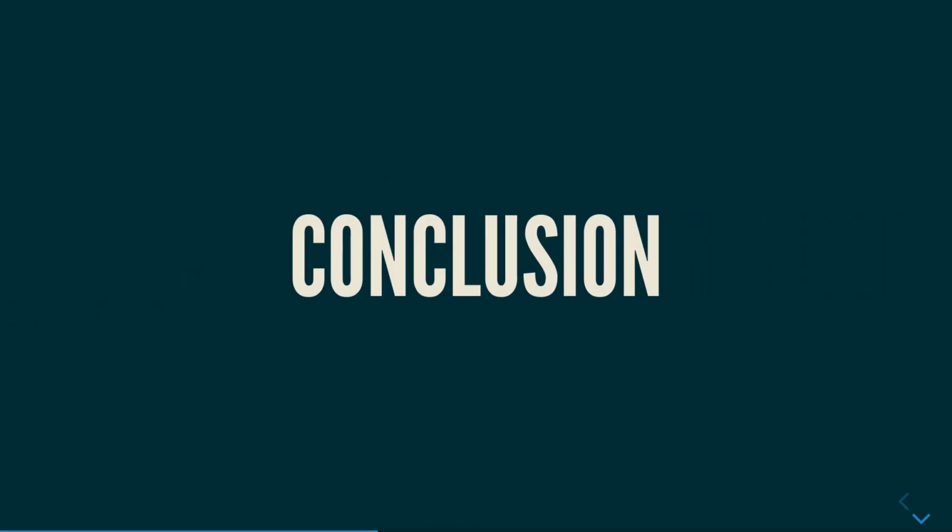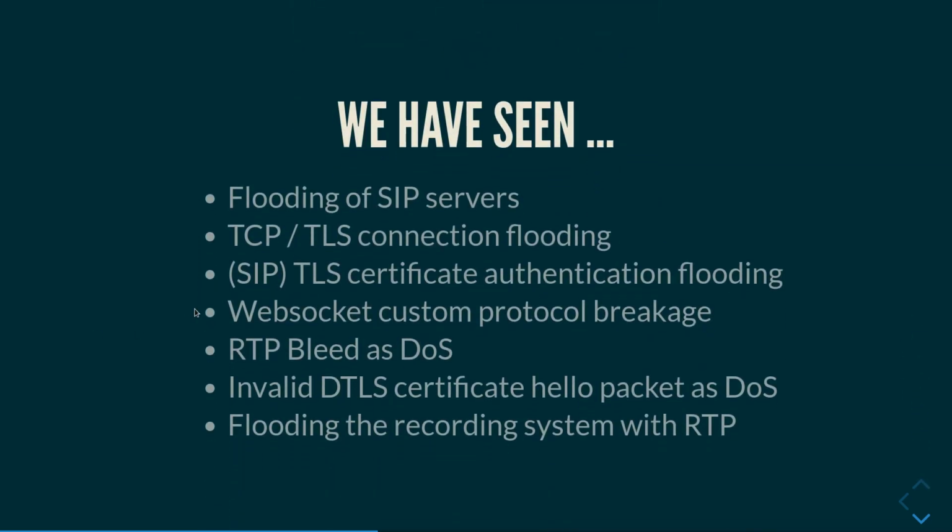So to conclude, we have seen flooding of the SIP servers, TCP and TLS flooding. Then we talked about TLS certificate authentication flooding. We described a security issue that affected a proprietary WebRTC signaling protocol. Then we looked at RTP bleed as a denial of service attack, invalidated the TLS certificate hello packets, and flooding the recording system with RTP.